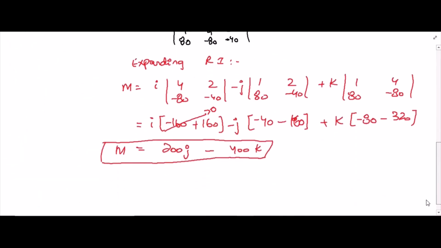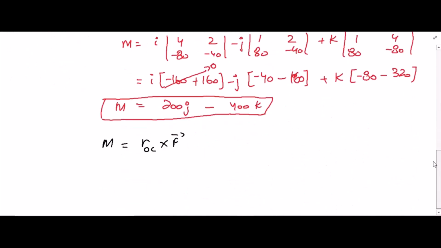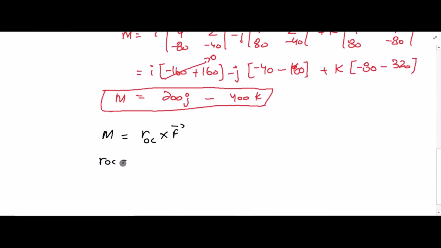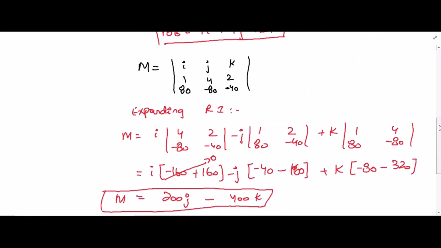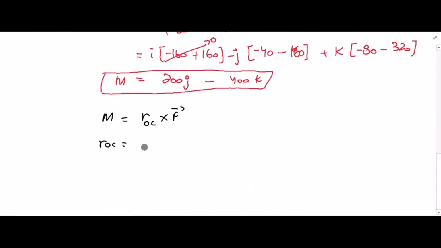So if I consider R_OC right here for the moment arm, R_OC cross force F, then R_OC is equal to the coordinates of point C minus the coordinates of point O. The coordinates of point C are 5, 0, 0, so I can write it as 5i plus 0j plus 0k.